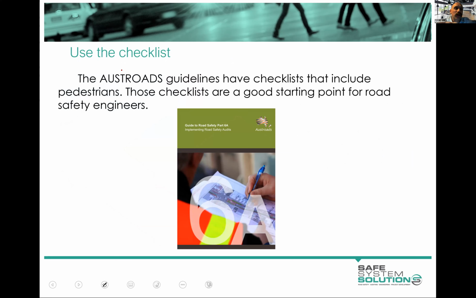They're going to be changed to prompt lists in their name soon because they prompt your thinking. You don't just go through each of the dot points and you're done, because you need to think. Hope you can read that. And within that, we cover pedestrians. So there's things for you to think through. So that's going to help you.